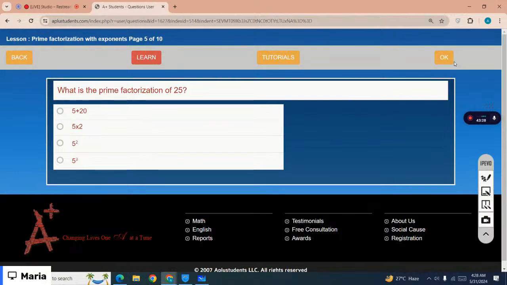What is the prime factorization of 25, which is the correct option?